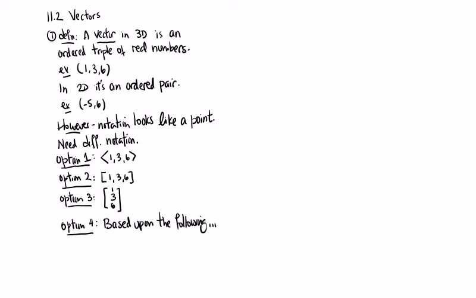Two facts. Fact A is vectors can be added or subtracted by adding or subtracting the corresponding components. In other words, the individual numbers.